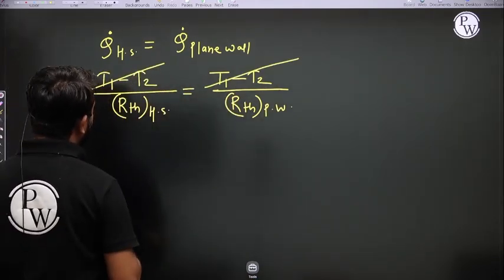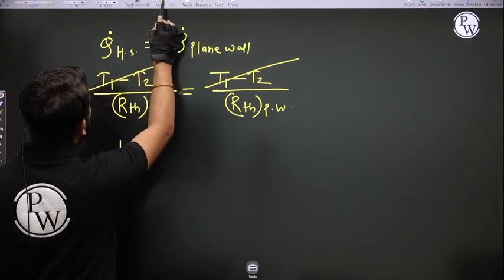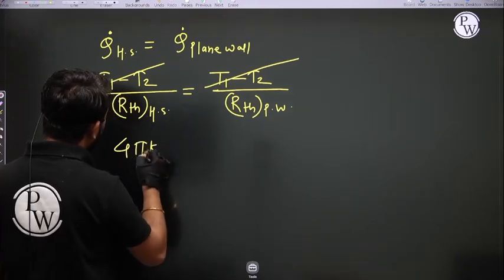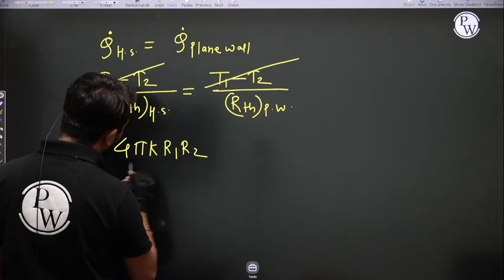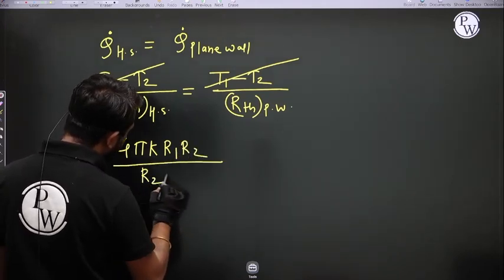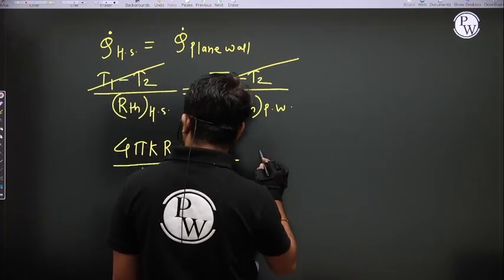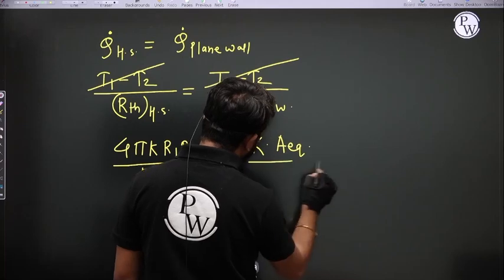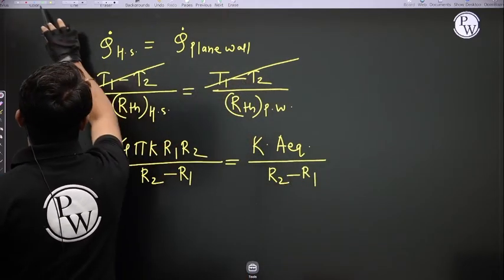R_th of the hollow sphere is the reciprocal of 4 pi k R1 R2 divided by R2 minus R1. That equals delta by k A equivalent, that is R2 minus R1 over k A equivalent.